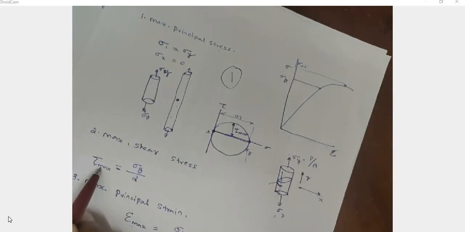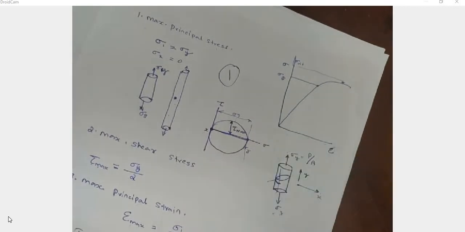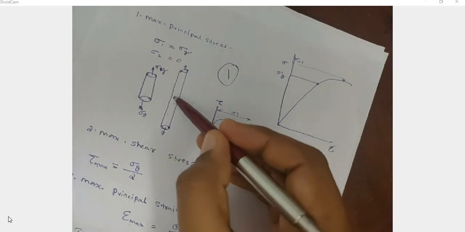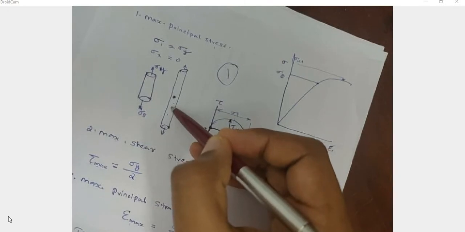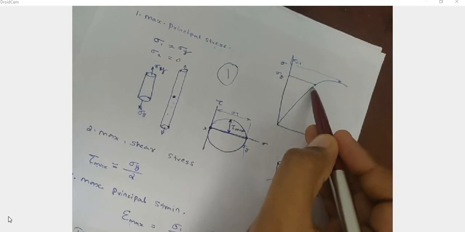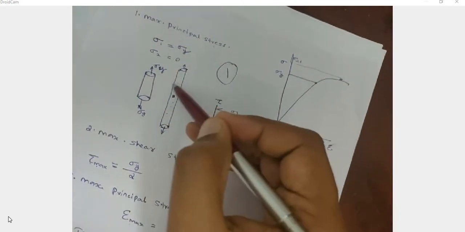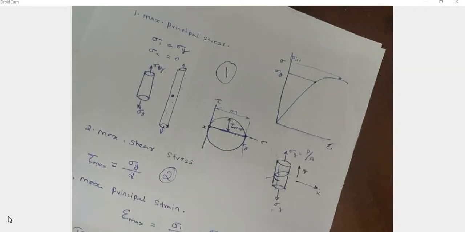If this maximum shear stress reaches the shear stress corresponding to the yield point of the material, then the body yields because of this second condition.